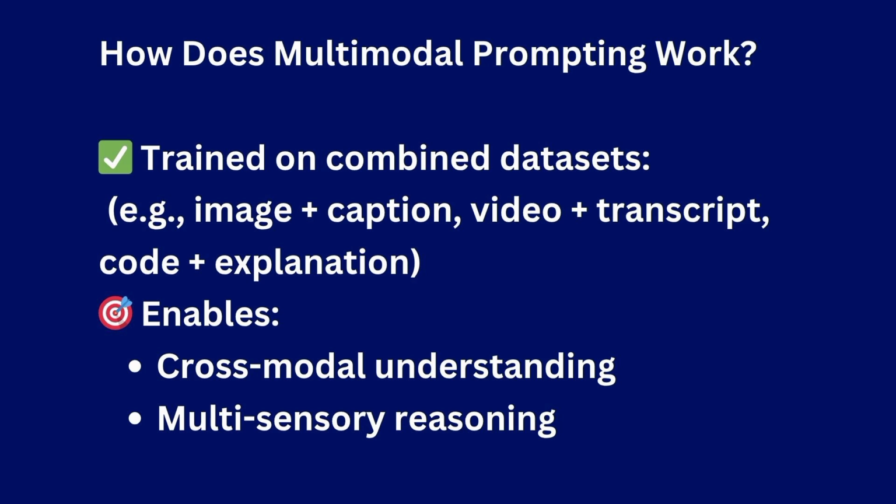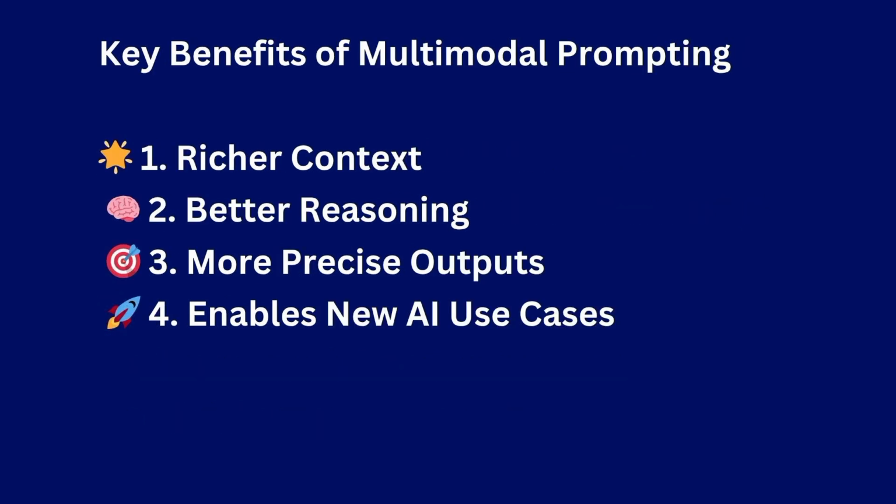These machines have been trained through millions of data so that they can have a general idea of context. It enables them to have cross-modal understanding. So when you put in a picture or image, it is able to understand what it really is because it has been trained on that kind of data. Then it has multisensory reasoning.